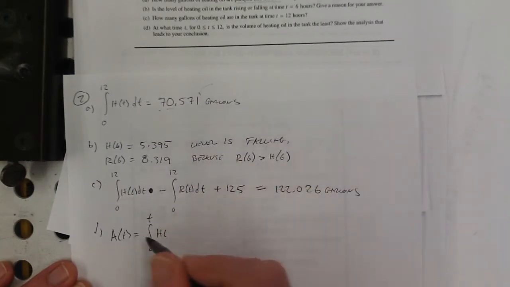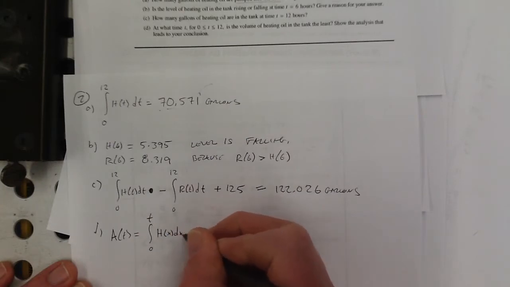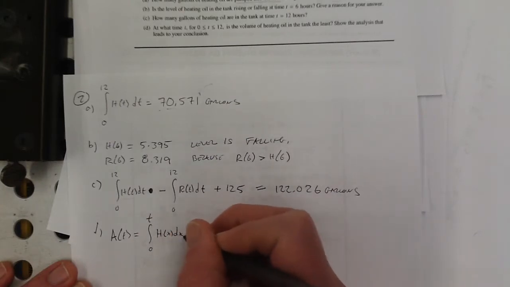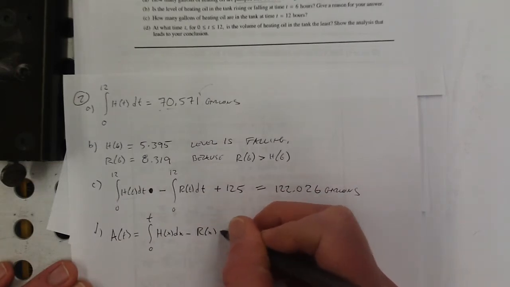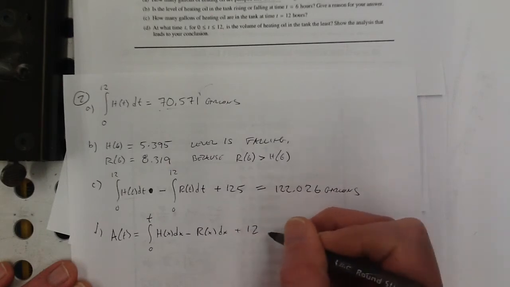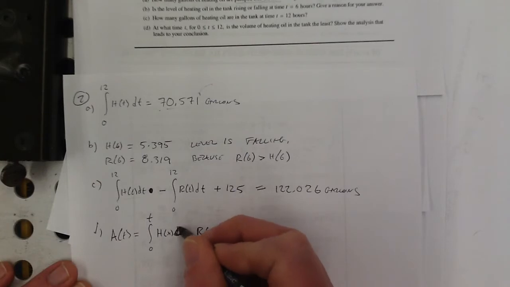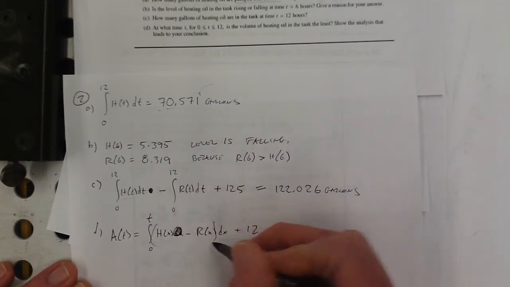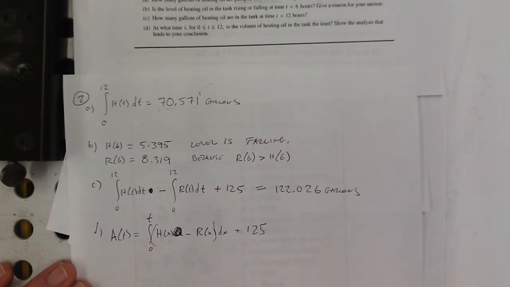H of, now I use the T here, so this is actually, I need to switch the variables here, right? That's that dummy variable. It can't be the same as this. Minus R x dx plus 125. Sorry, I put too many dx's there. So that's how much there is in the tank.